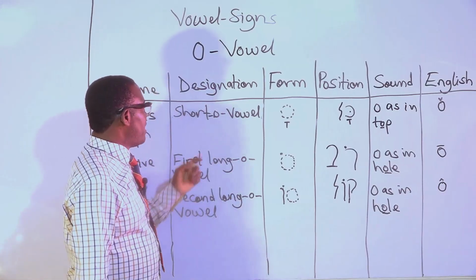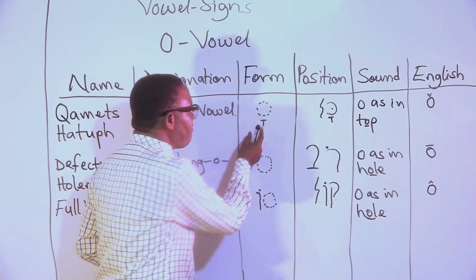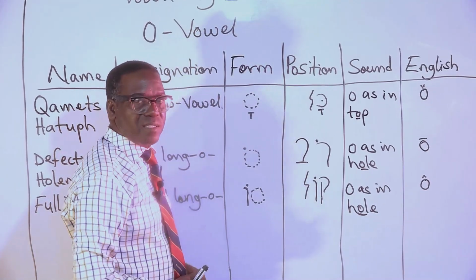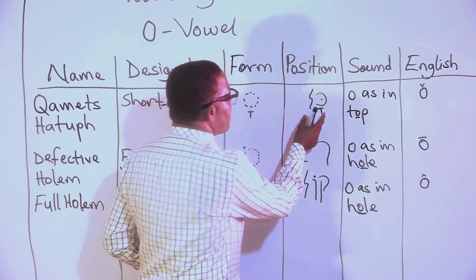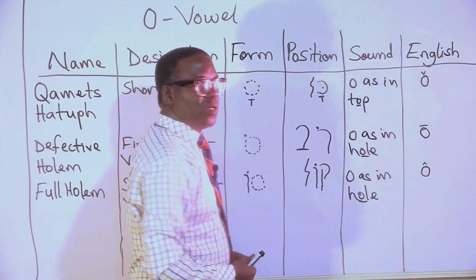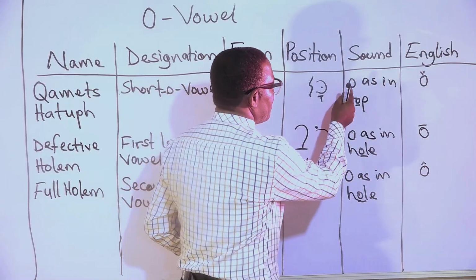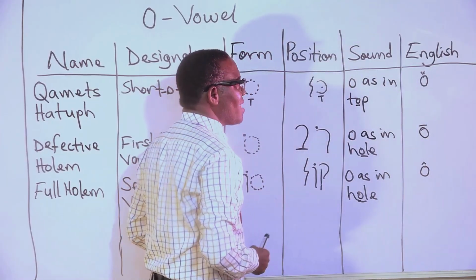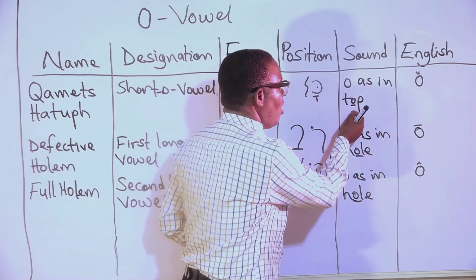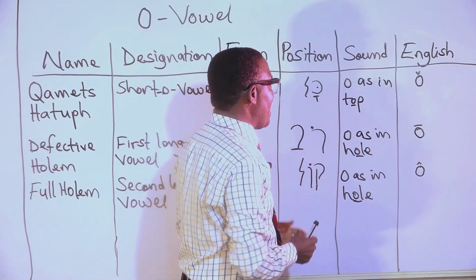Kamet atuf is the short O vowel, and this is the form below the consonant, as we see in this word, paw. That means kamet atuf sounds as O, as we pronounce the O in top.